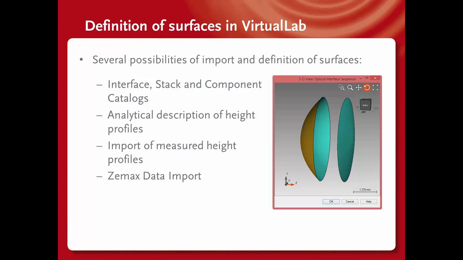Also, you can program your own height profiles, for example, by some kind of analytical formula. You can also import measured or sampled height profiles, and if you are a user of Zemax, you can also import Zemax setups directly in VirtualLab.